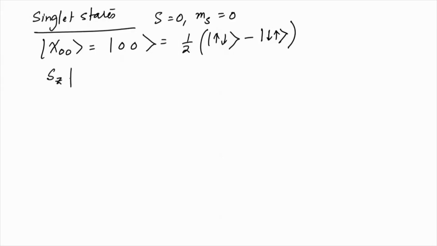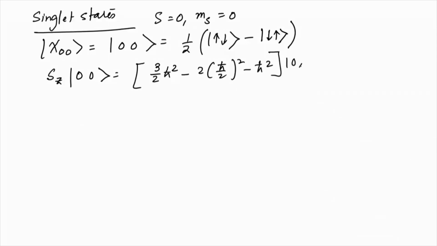S z acting on this |0 0>, that is S 1 z plus S 2 z acting on this, will give 3 by 2 h cross square minus 2 into h cross by 2 square minus h cross square acting on |0 0>, and it will give me 0. Which means that m s value of this is equal to 0 and this has s equal to 0.